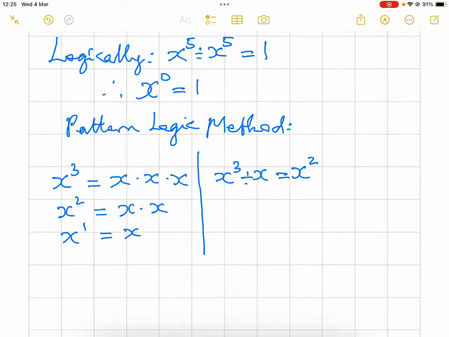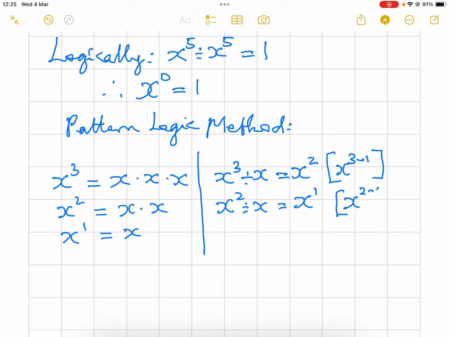How did we come about that? x raised to power 3 minus 1. All right? Then x raised to power 2 divided by x will give x raised to power 1. How did we come about that? x raised to power 2 minus 1. And x raised to power 1 divided by x will give us x raised to power 0.